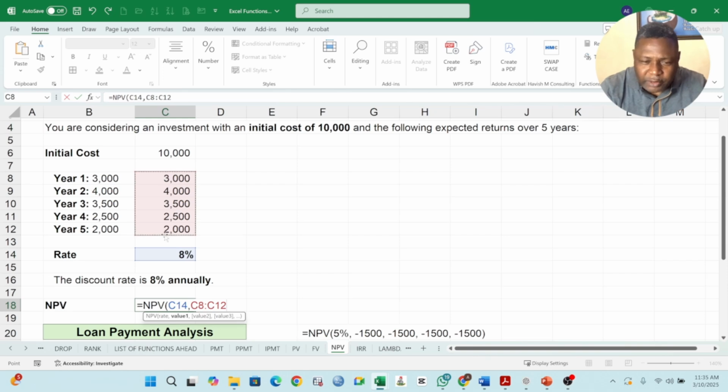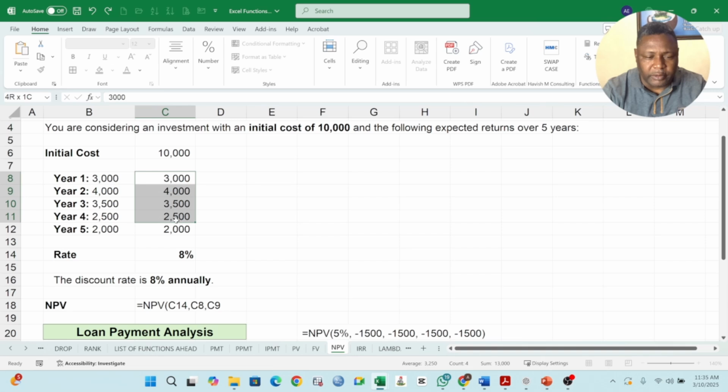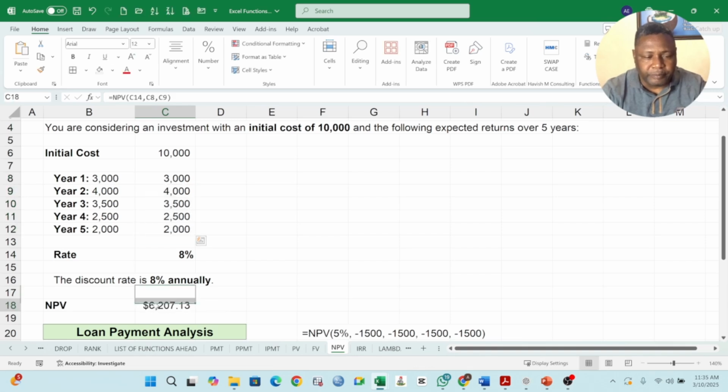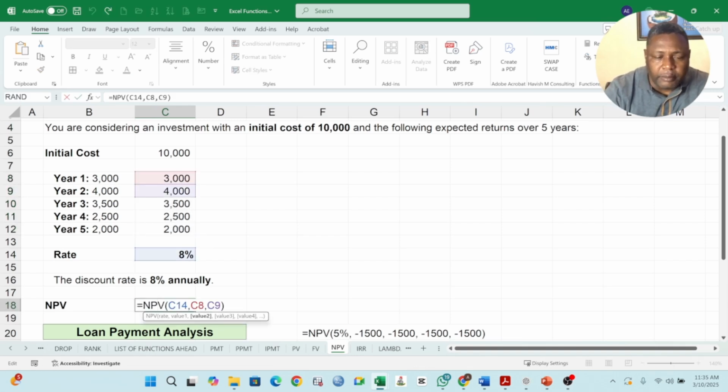So usually I just pick them together, but some people do the first one, comma, the second one, comma, the third one, but you don't have to. You can just simply pick all your values.